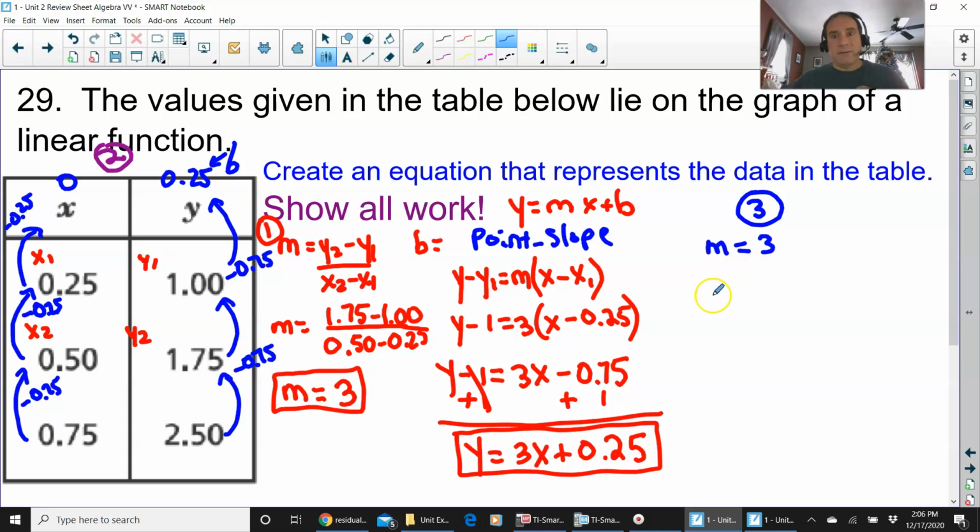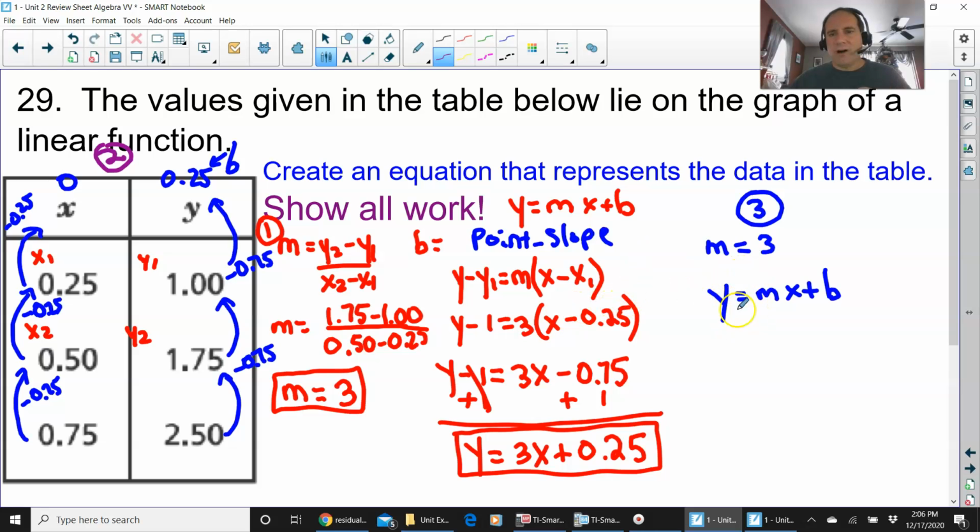Then you could use y equals mx plus b to solve for b. Now hear me out, we haven't done this in class, and we haven't shown you on any live meet or anything like that. So let's substitute in what we have.